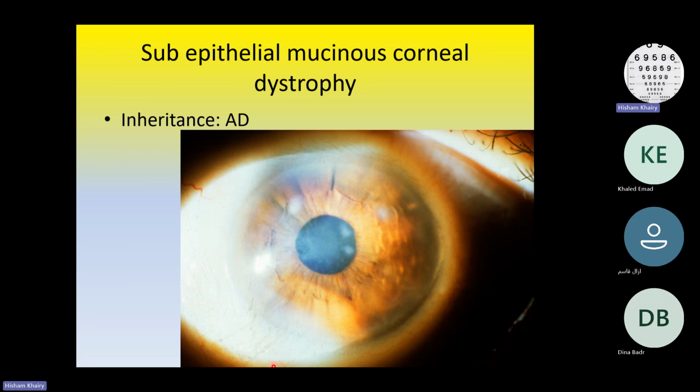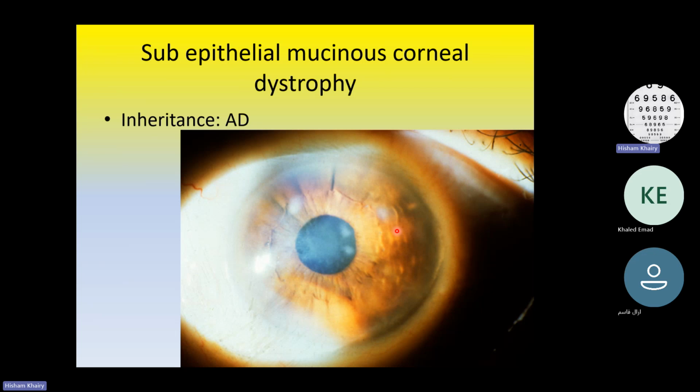Going on to the next corneal dystrophy, the subepithelial mucinous corneal dystrophy, which has autosomal inheritance. It appears as lesions in the subepithelial layer, which may involve the corneal center.